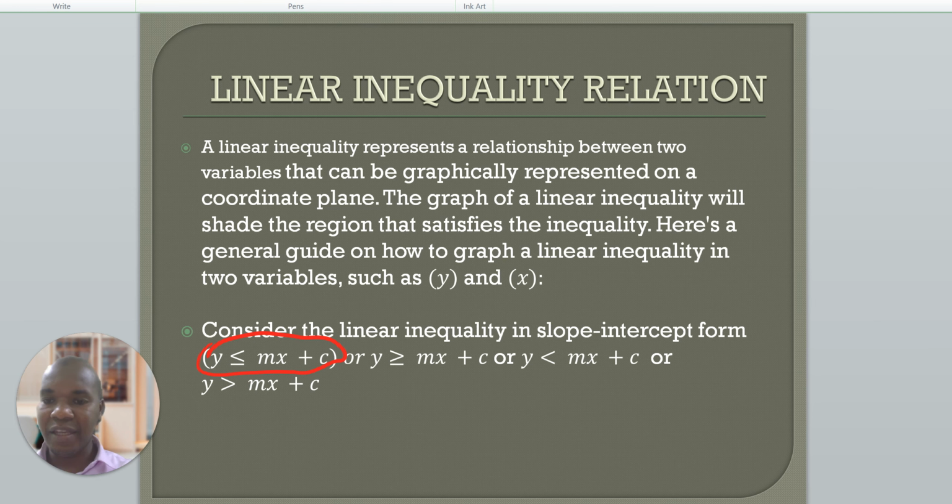This is just a general formula. And you have y greater than or equal to mx plus c, or y is less than mx plus c, and another one is y is greater than mx plus c.